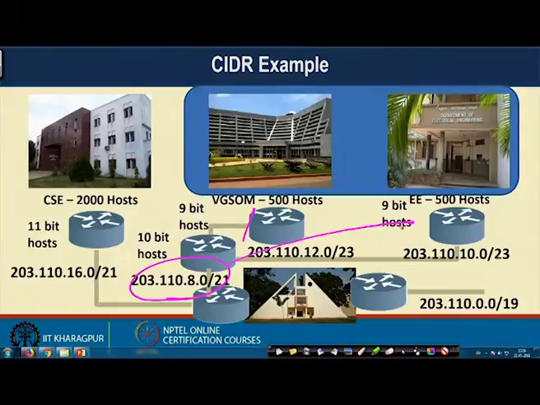So, in a hierarchical way, once you get a pool of IP addresses for your institute, you can divide it into multiple smaller subnets and allocate the IP addresses to the individual subnets.